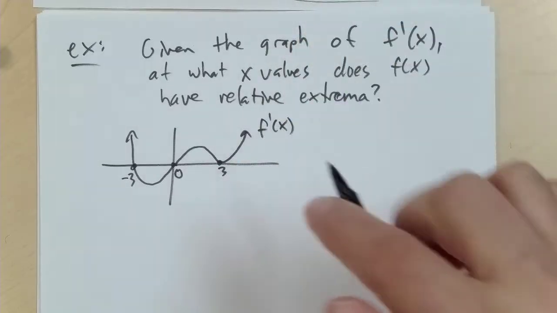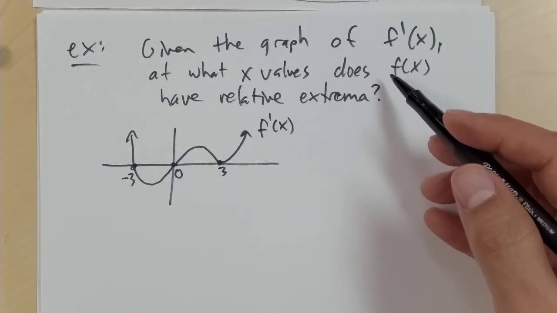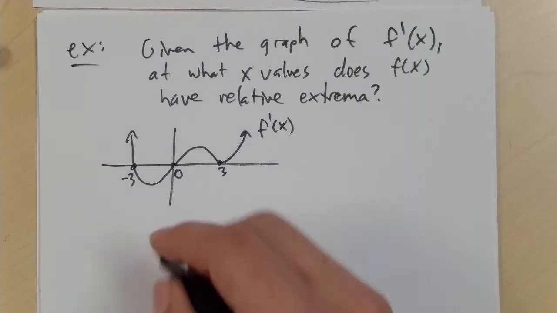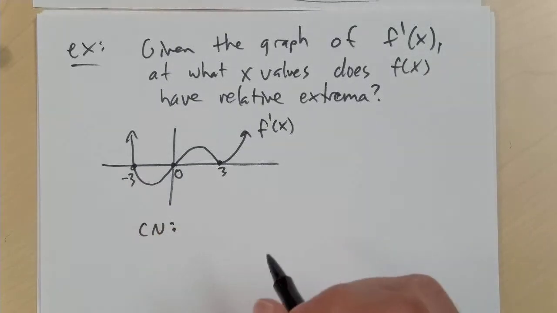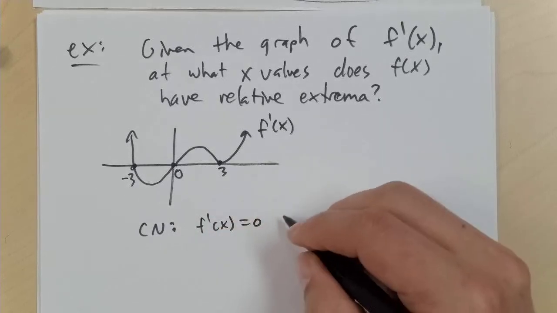So the good news is we don't need to know what f of x is, right? If we're just locating the x values, all we care about are the critical numbers and what's going on with the derivative. And so we can say that based off of this graph, the critical numbers are where the derivative equals 0, right?